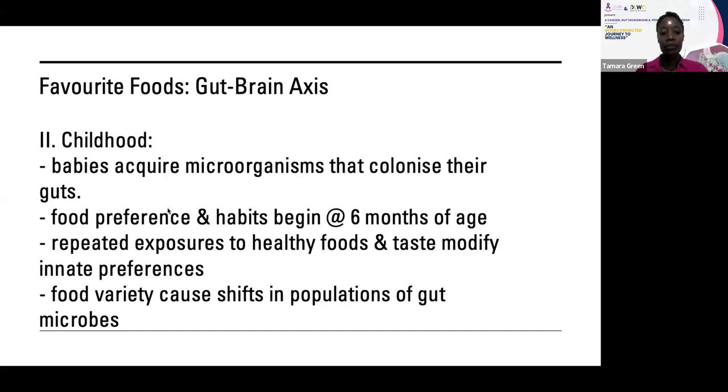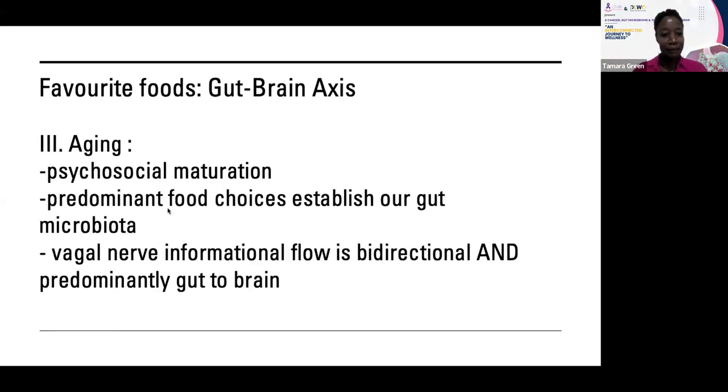And so as we introduce food varieties that complement breast milk, so we have animal-derived formulas, we have meats, we have plants, we have artificial non-food additives that we give to our babies. We have genetically altered foods that we give to our babies. All of these foods shift the population of gut microbiomes in our babies' guts.